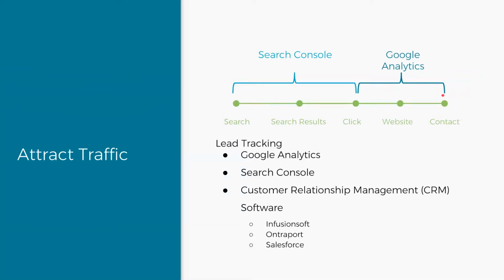Then there is the third tool, which is usually a paid tool. There are some simpler ones like MailChimp, and there are some more expensive ones like Infusionsoft and Salesforce. So a CRM is just a software that manages your leads for you. It tracks the name and the email address of the lead.